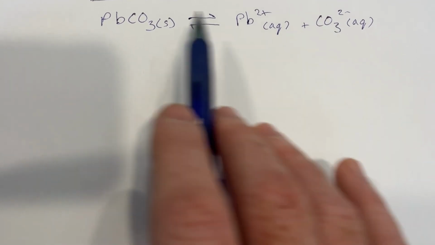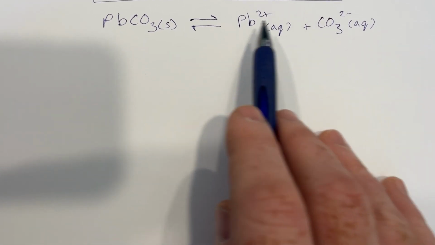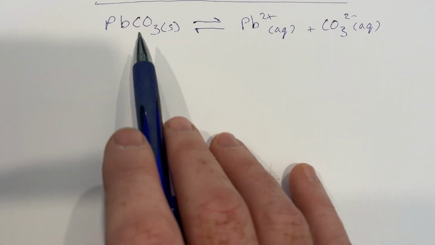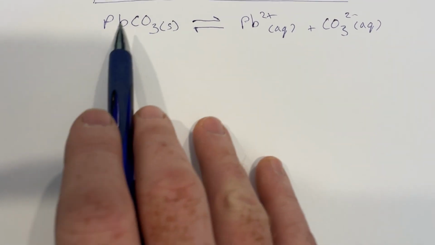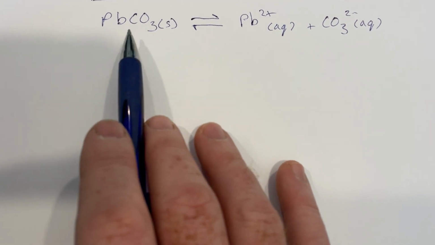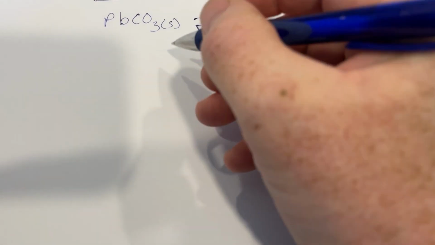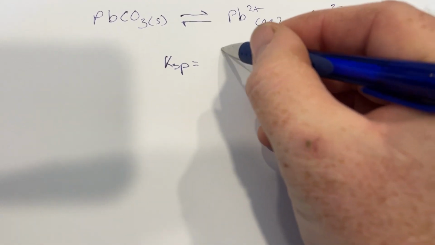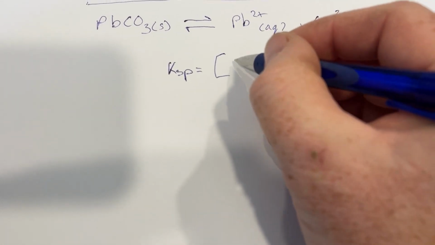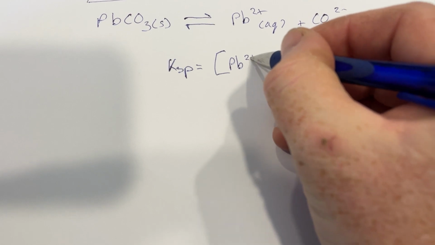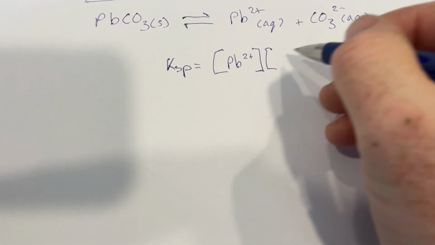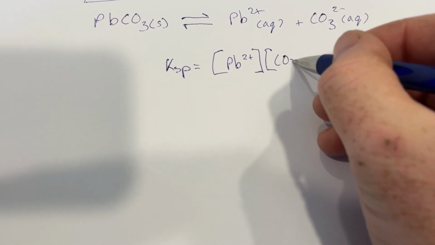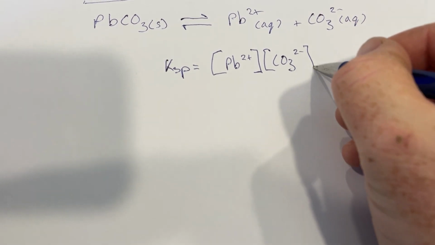So in other words, we could say the K expression, the Ksp, the solubility product for this highly precipitative and insoluble compound lead carbonate, could be stated as Ksp is equal to the concentration of the product, lead ions, now they're ions so they go in, multiplied by the concentration of the other product, carbonate ions, so they go in.